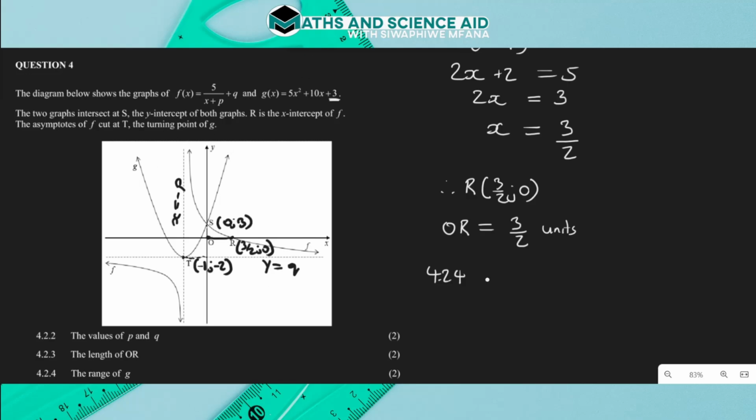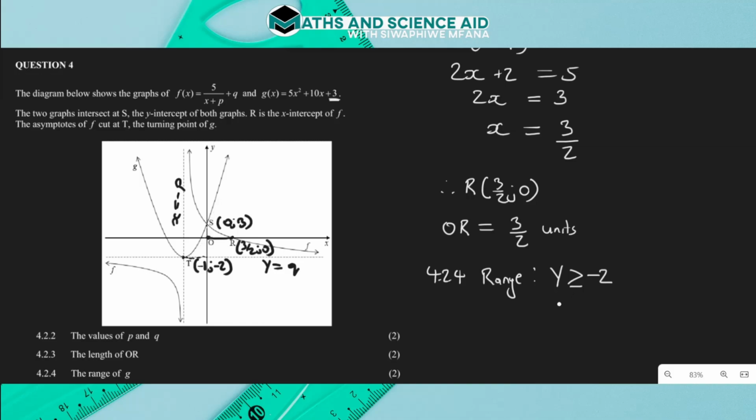So this means that the range of g is going to be y is greater than or equal to -2, because our first y value that we can get from g is -2, and every value that is greater than -2.